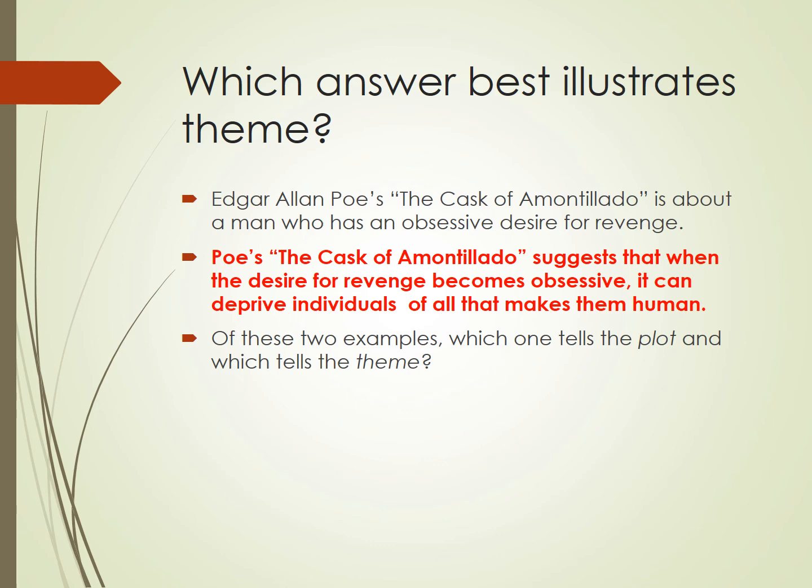This is kind of a universal argument. It's not directly tied to the story. This is something about the human condition outside the story, about revenge and what makes us human.